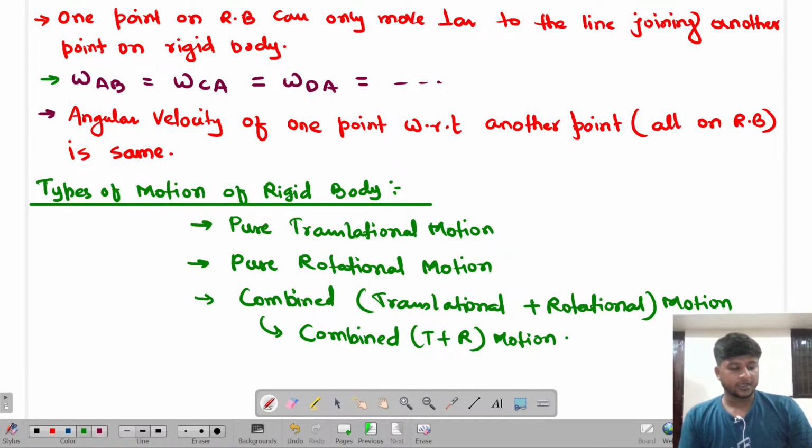And we are going to talk about all of them in detail to try to understand the meaning of it. Go ahead or not? But before we go over there, to talk about these combined translational plus rotational motions, we want to determine something, and that is called the kinetic energy of a body.